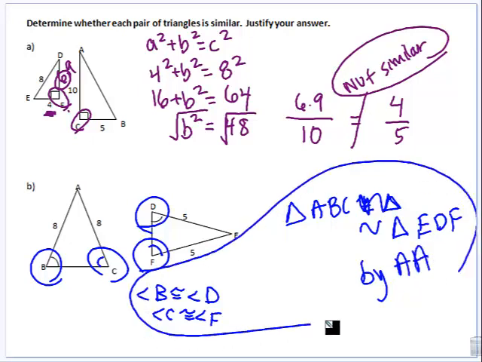Our justification here is writing down the fact that those two angles are congruent, and then we would also put down a similarity statement if it asks us to. Is that okay?